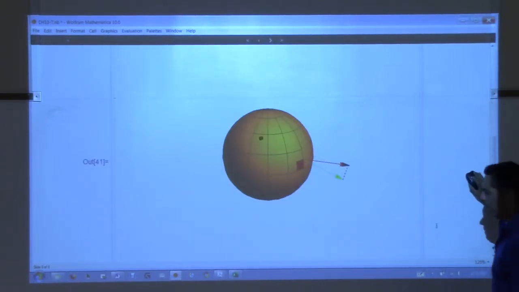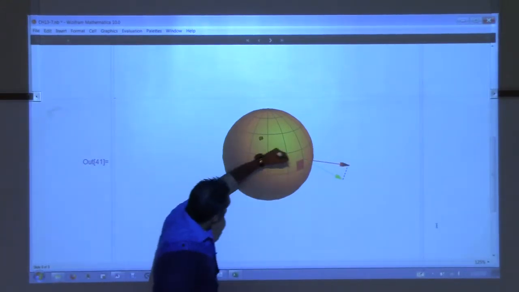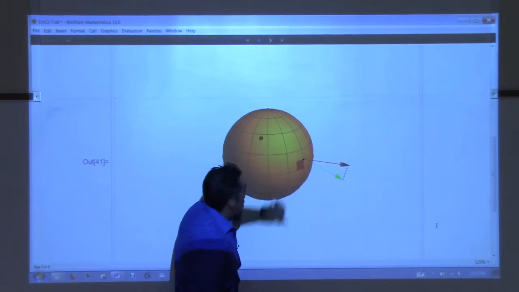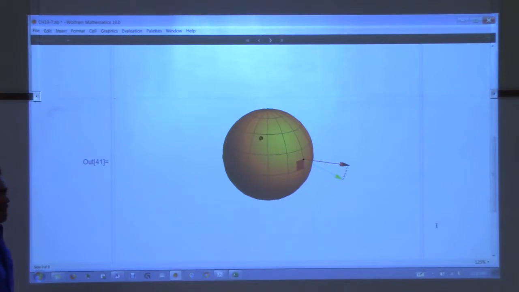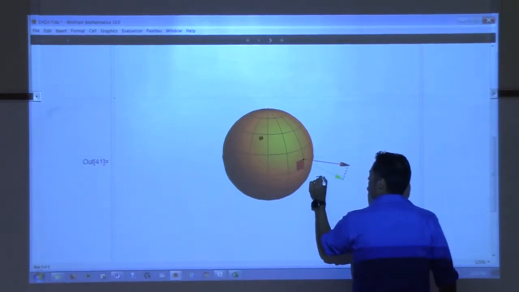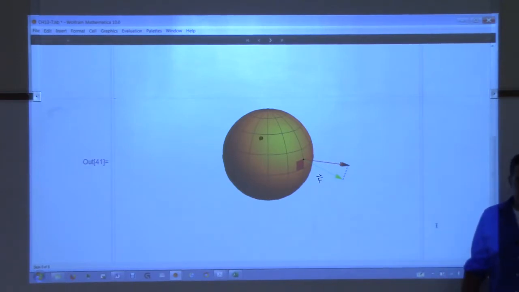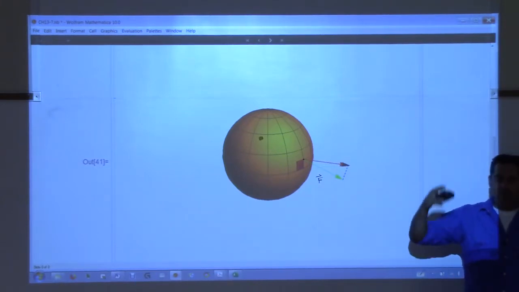Okay, so right now I've moved to this single point right here, and I have a couple of vectors here. I have the green vector, the red vector, and the black vector. The green vector is the field, the vector field vector. That is just coming out in whatever direction with whatever magnitude the field is telling us it should be at that point.